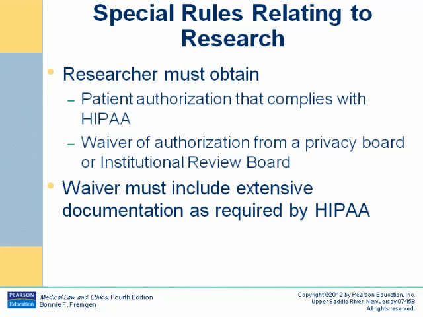So it covers the person who's giving the information for research on them, and then the privacy board or the institutional review board signs a waiver of authorization saying, if you do something wrong, you can't come to us for help. The waiver has to include extensive documentation as required by HIPAA. You can imagine this is a lot of forms.